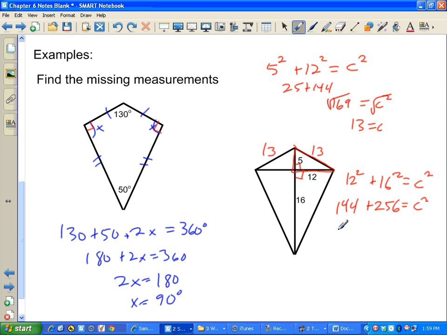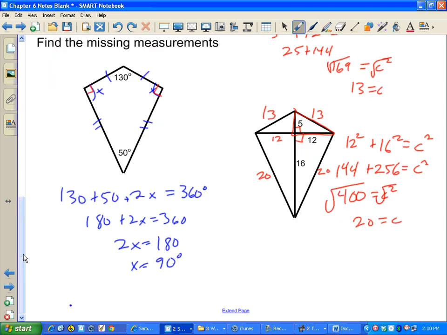If I add these together, I'm going to get 400. If I square root that, I'm going to get 20. So this is 20. This is 20. I know that this line here is a perpendicular bisector of the other diagonal, so if this is 12, this is also 12. Okay, and then I've got all my missing sides.